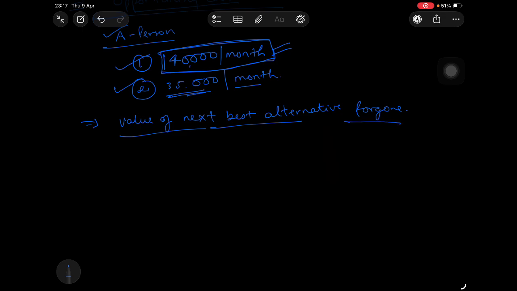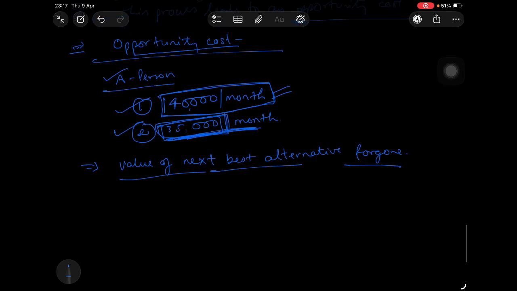What is the next best alternative? The next best alternative is 35,000 rupees. This is foregone, given up by the person A. This value 35,000 is known as opportunity cost for person A, because it was an opportunity for person A to work for 40,000 or 35,000 rupees, but he gave up the 35,000 rupees and is working for 40,000 rupees.